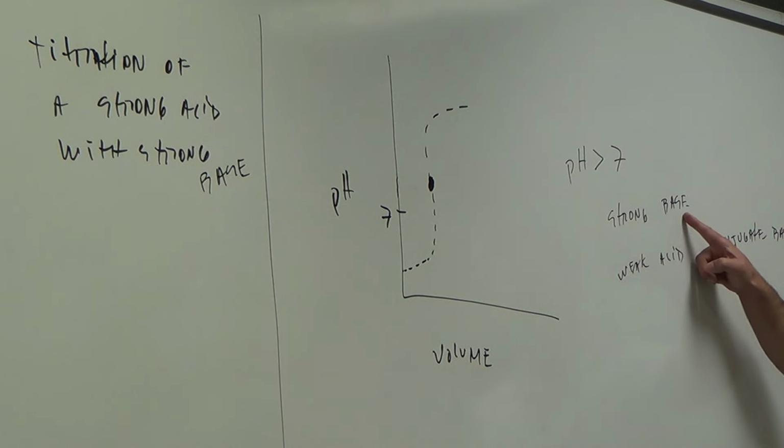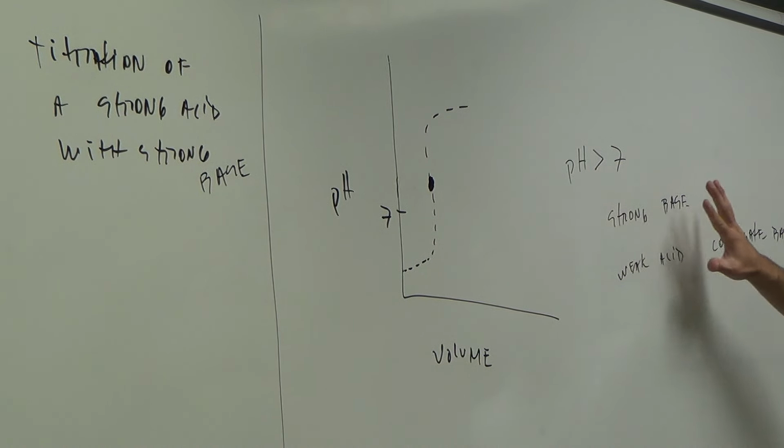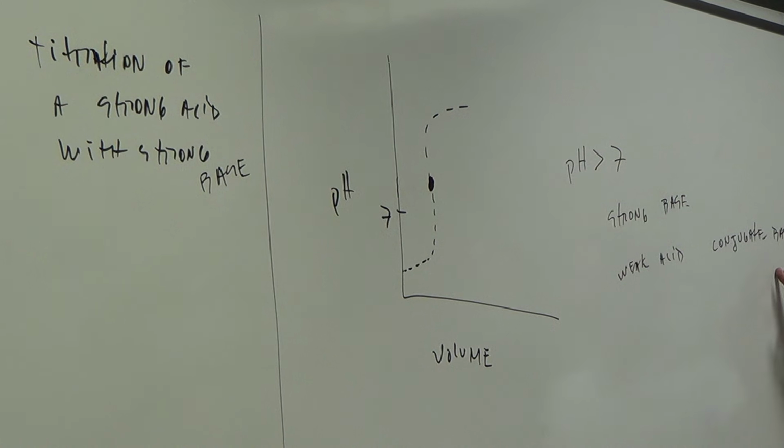Am I going to have any strong base at this point? No strong base. Any of the weak acid? No, because all of this reacted with all of that. I have nothing of this. All I have is the conjugate base of something weak, which means the pH is basic. So it's what's left over after those two neutralize each other.